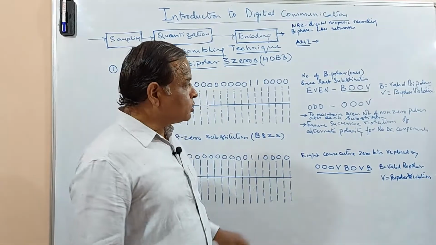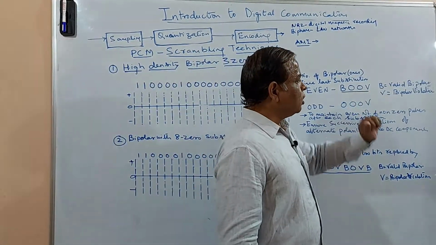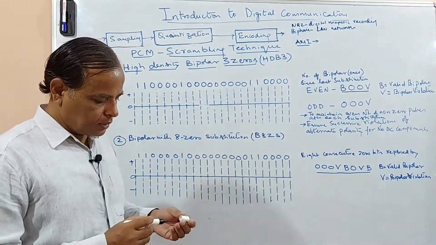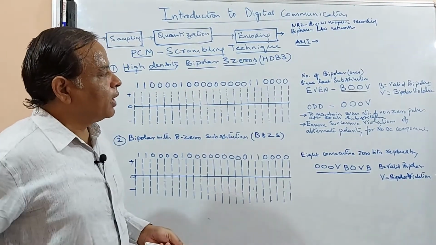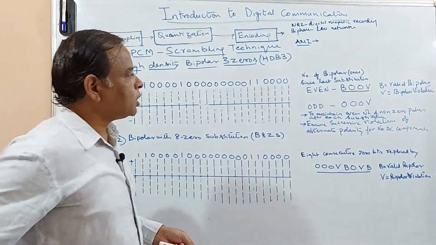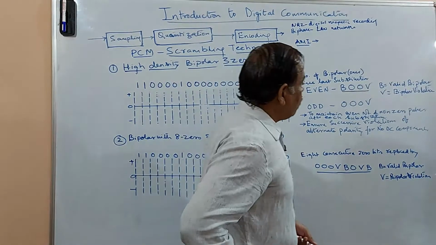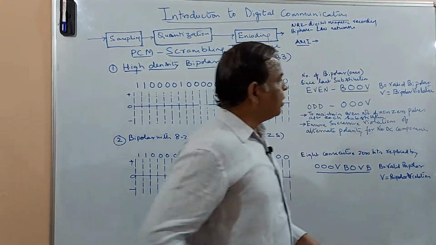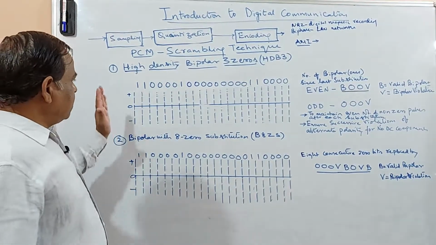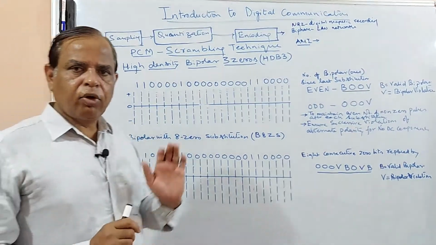Then now the question is, what is B and what is V? B stands for valid bipolar. So what do you mean by valid bipolar? Valid bipolar in the sense, you know in the AMI scheme what is happening.